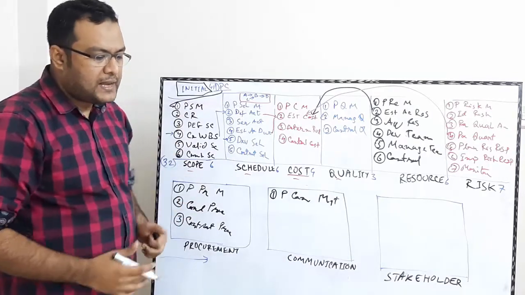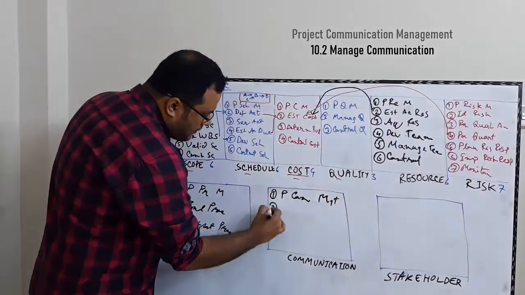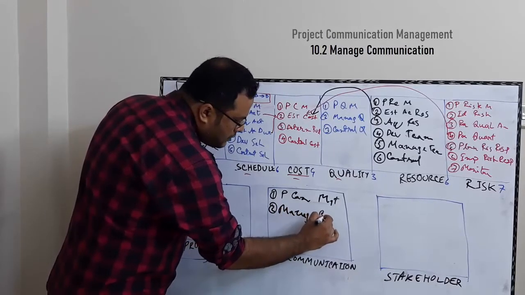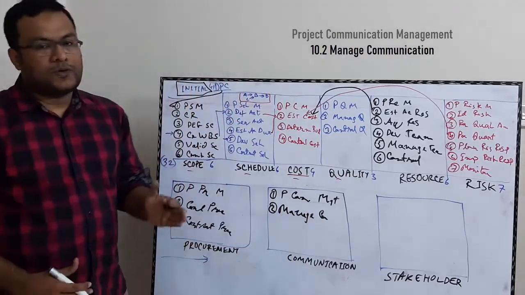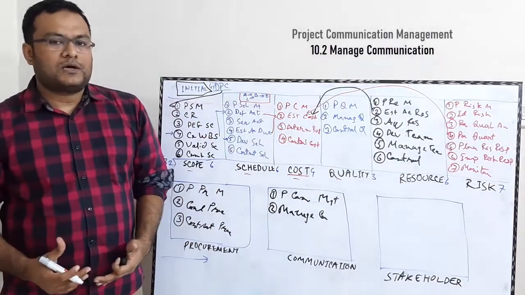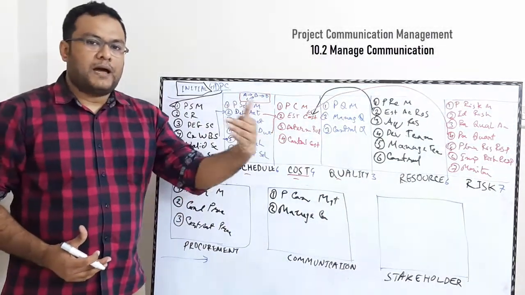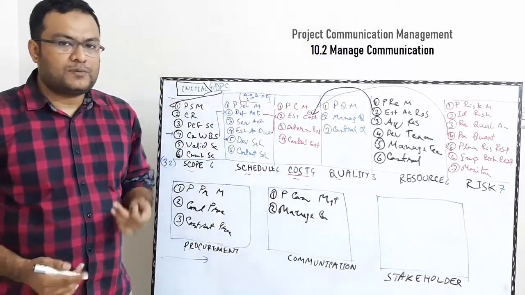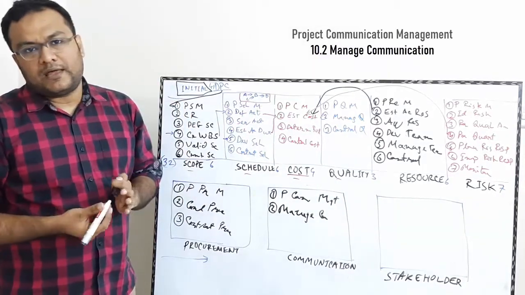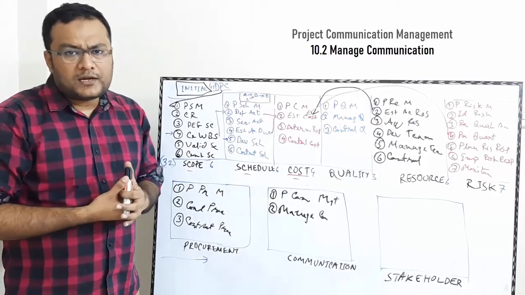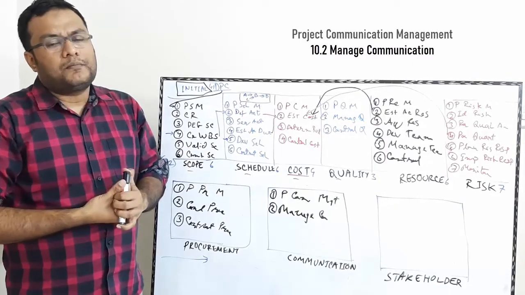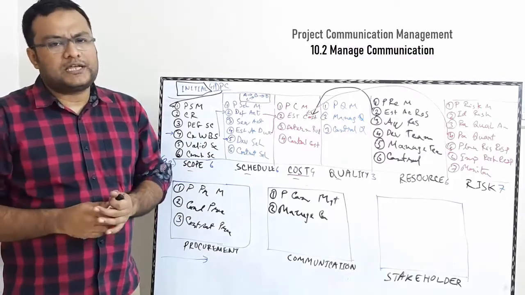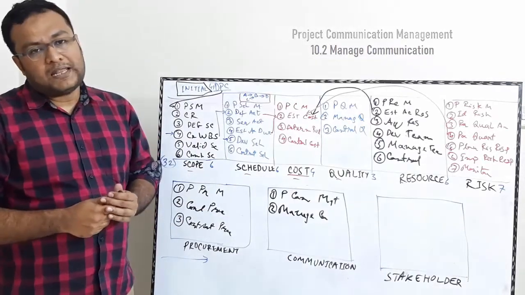Once you have the plan, you need to manage the communication, that is, execute as per the communication plan. So have I sent the report to the sponsor bi-weekly? Has the project communication been sent to the project team every day by 9:30? Has it been done? Have we stored all the communications in our project database? These are all part of manage communication.